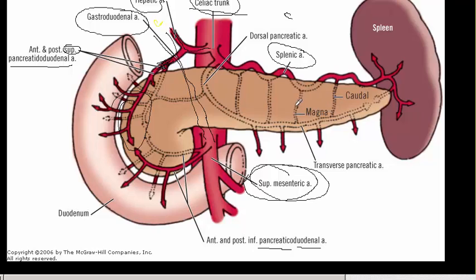The names are not here, but you know them: the caudal, the great, and the dorsal branches. Okay, that will join what we call the transverse pancreatic artery, and again they will make some kind of anastomosis or arcades here.